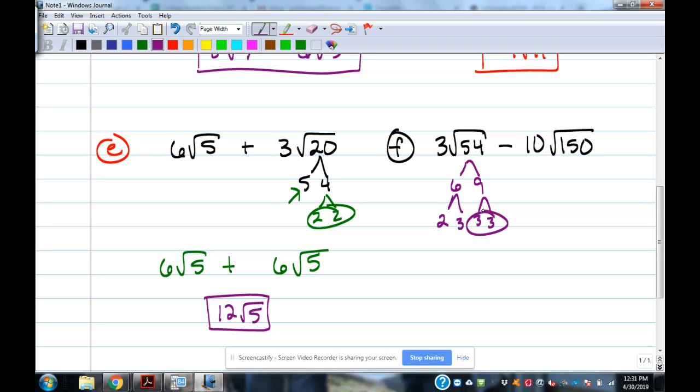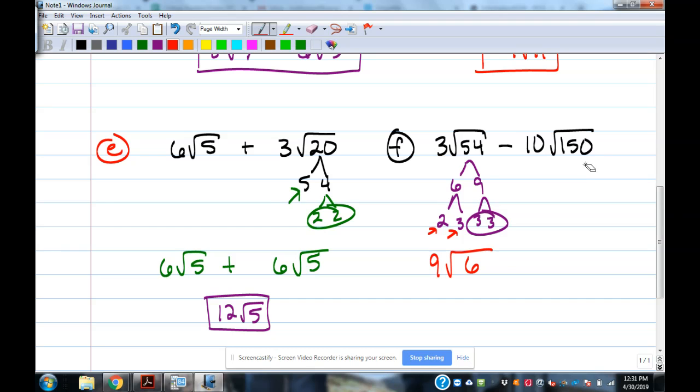So we got a pair of 3s. So this one is going to turn into 9 square root of 6, because you got the 3 and the 2 here that don't have a pair, so they go back inside and multiply together. Will 150 break down?